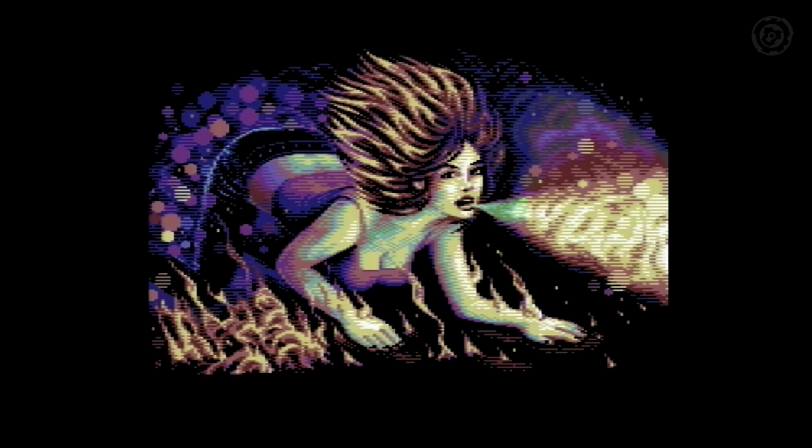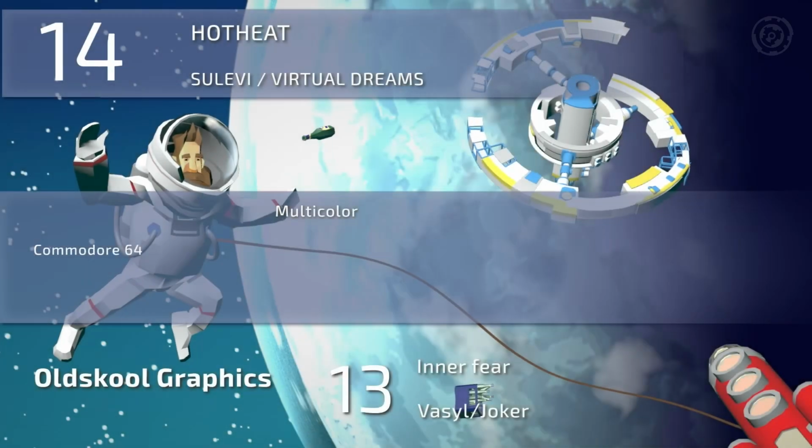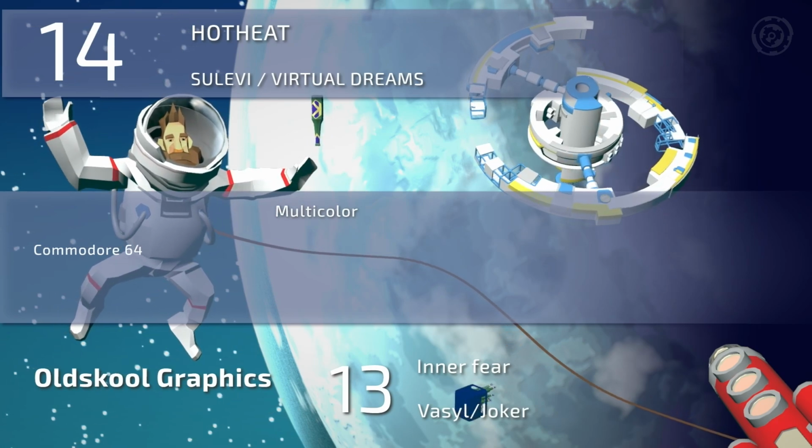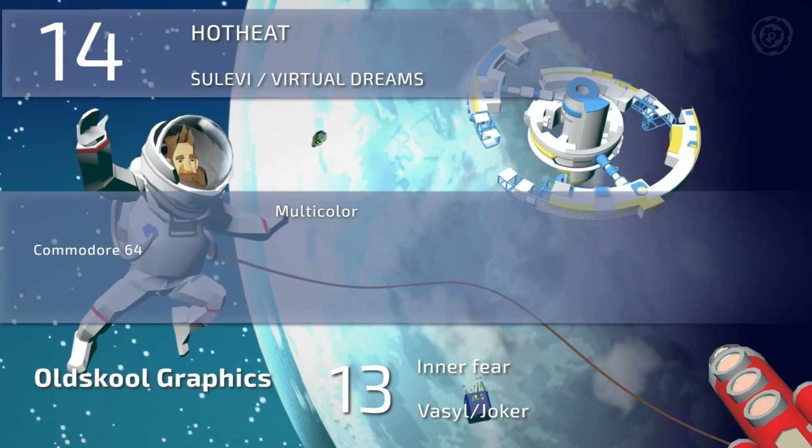This is more rasterized. This is the rasterization of this one to get those extra colors out of your eyes that the C64 doesn't really do, but your eyes come up with them. Yeah.